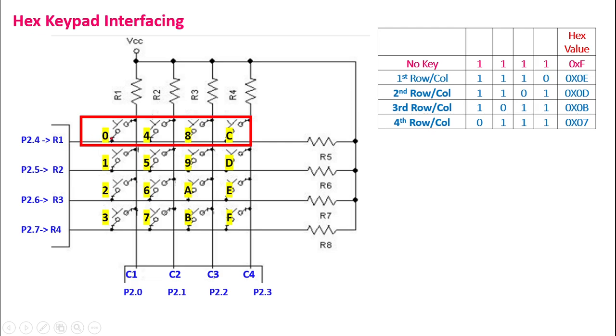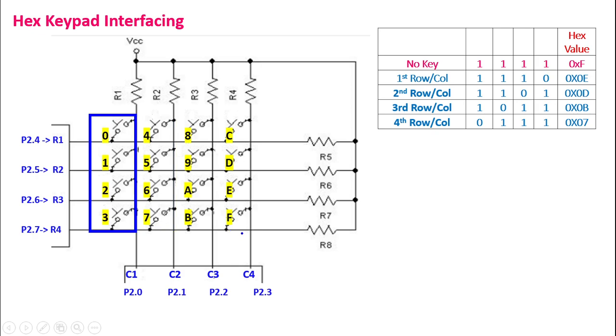Row 1 corresponds to 0, 4, 8, and C. Similar to that, row 2 will correspond to some set, and then row 3 and row 4. Similar to that, even columns will have their own corresponding key numbers here. Column 1 will have 0, 1, 2, 3, and then 4, 5, 6, 7, and it goes on like that.